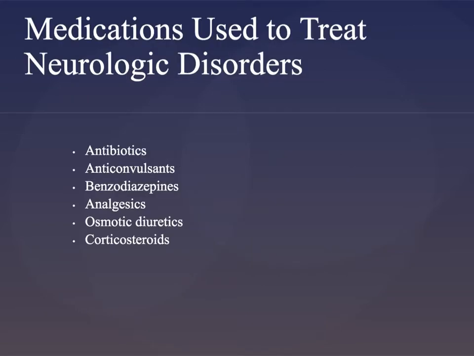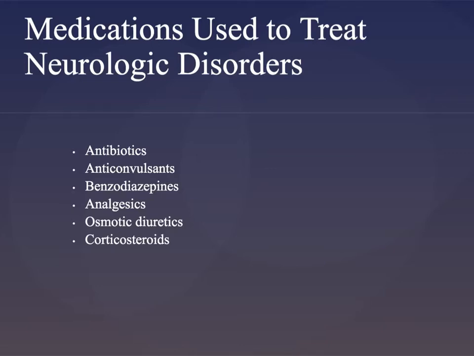These are some of the common medications or types that we use for neurological disorders. Antibiotics are going to treat whatever that infection is, such as bacterial meningitis. Anticonvulsants, as we know, decrease the hyperexcitability of the nerves. So they are used for treatment or prevention of seizures.